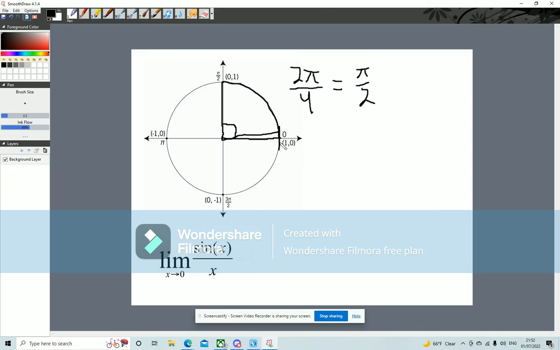So sine of x is increasing at the same rate as just the arc length, or x, for really small angles. So that means this ratio is going to be 1 because sine of x is going to be equal to x at really small angles, and anything divided by itself is going to be 1.